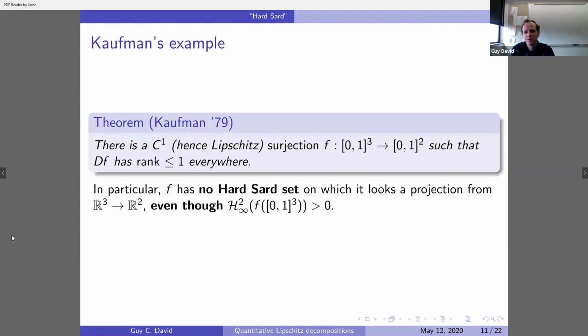Here you should think of 3 as 2 plus 1, right? So if this mapping had a Hardside set, you would expect it to have some pieces on which it looks like a projection from R3 to R2. But if the derivative has rank less than or equal to 1, it's easy to see that you cannot get a piece like that. So there can't be any Hardside pieces. On the other hand, the content of the image is positive. The content of the image is the whole unit square. So this example completely destroys this naive question that was on the previous slide.